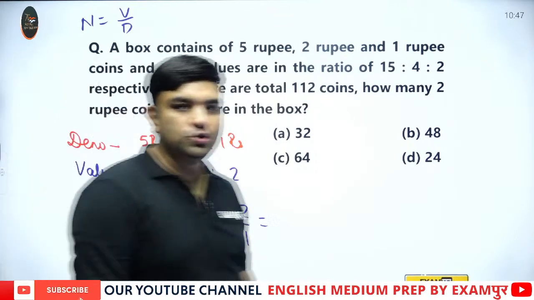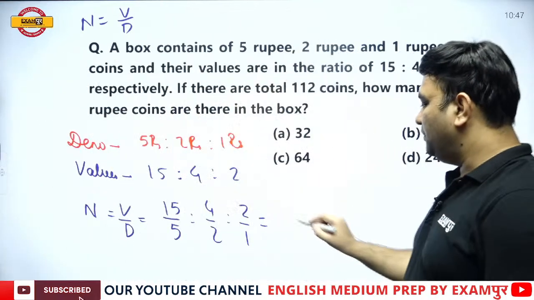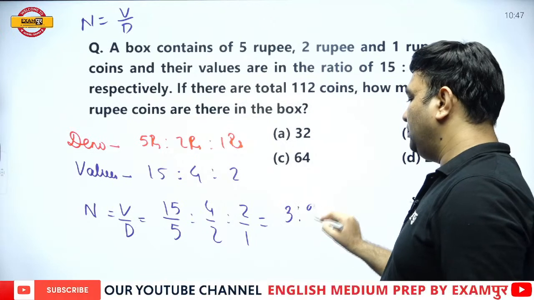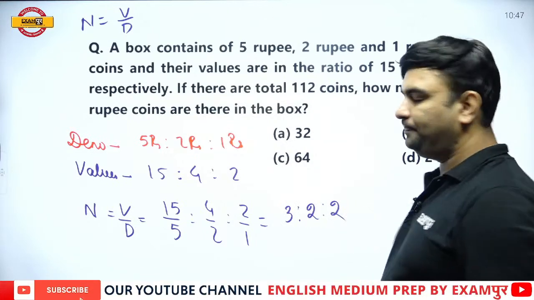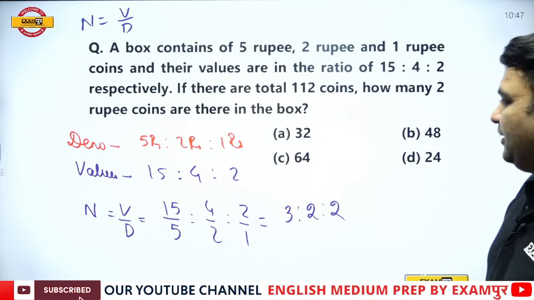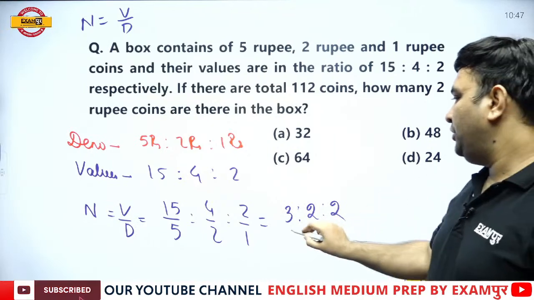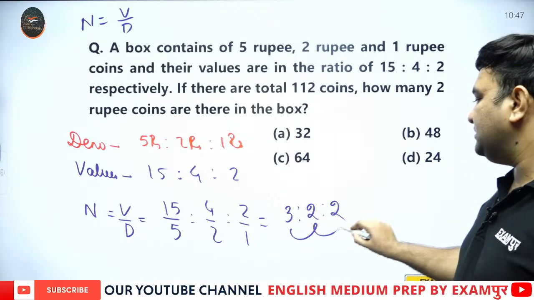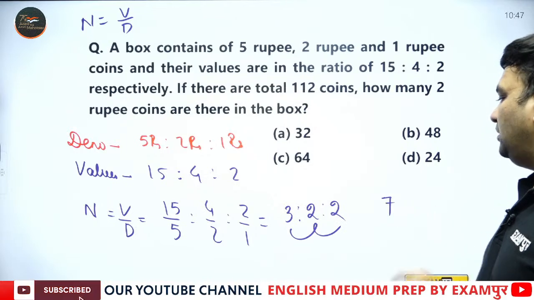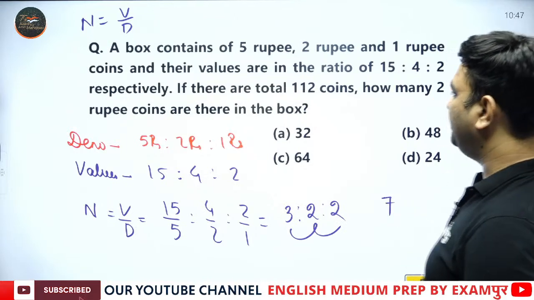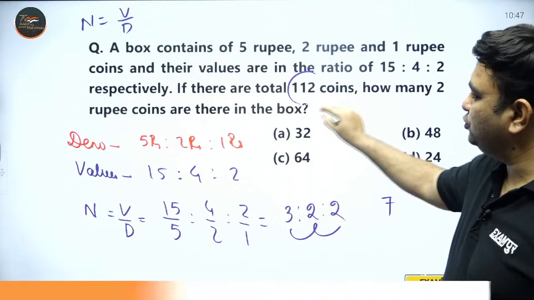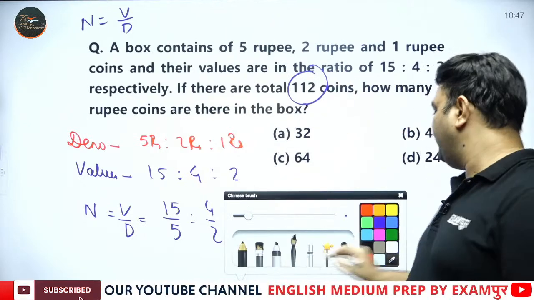So number ratio is coming out to be 3, 2, 2. Total number according to the ratio is 7, which is given as 112.